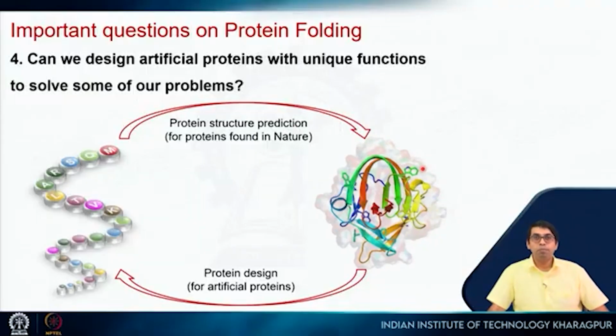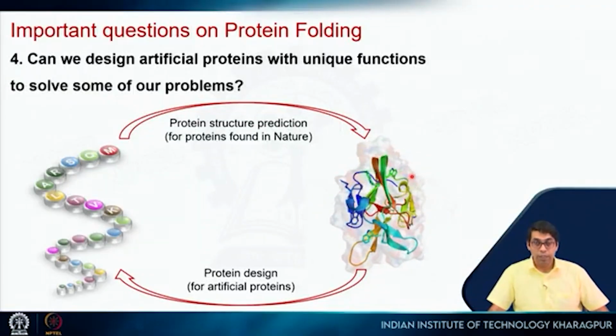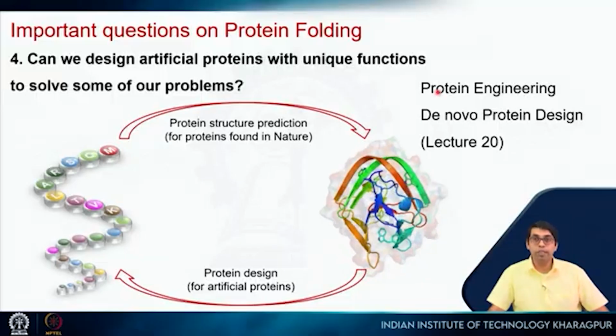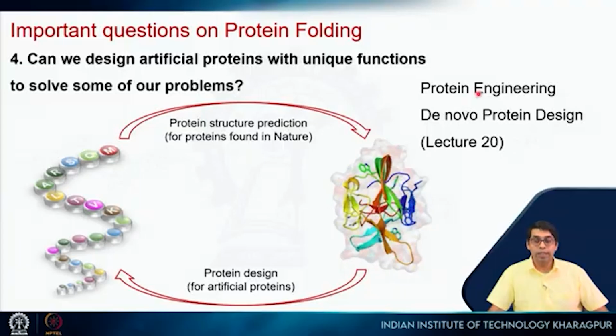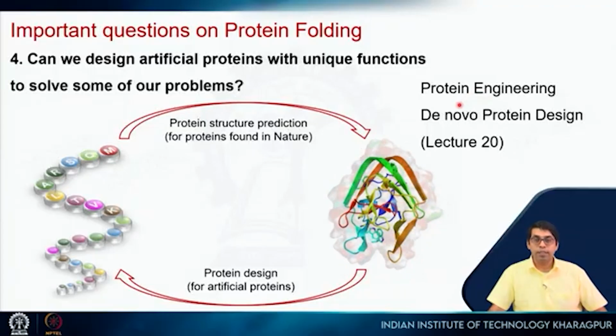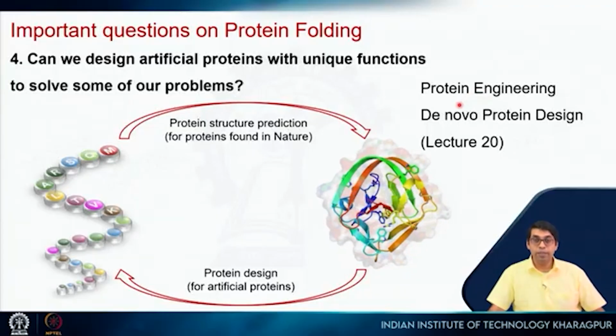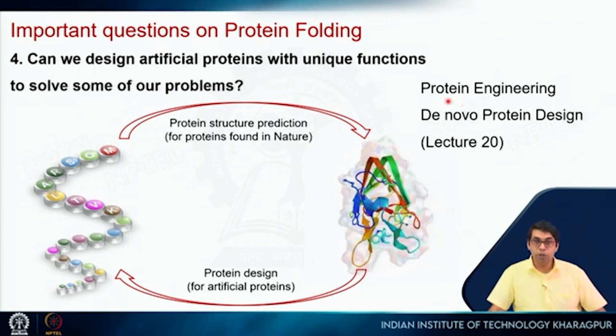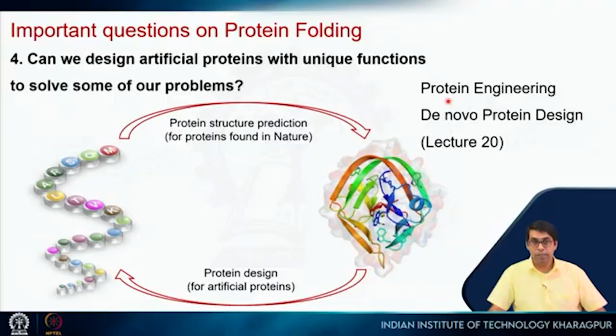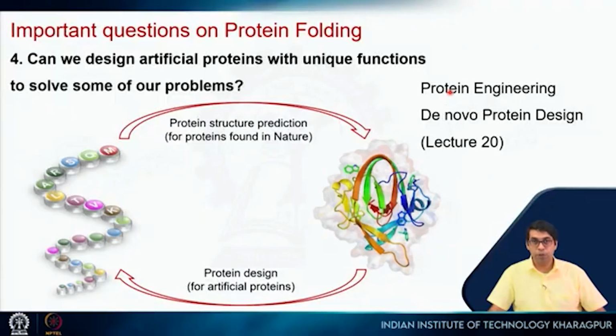So this protein design or artificial protein problem can be divided into two parts. The first one is called protein engineering, where we take a naturally occurring protein and we make changes into it so that instead of doing its natural function, it will do something else, something that we want it to do. So that is protein engineering.